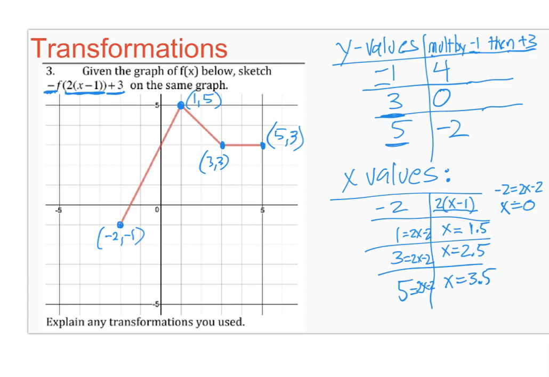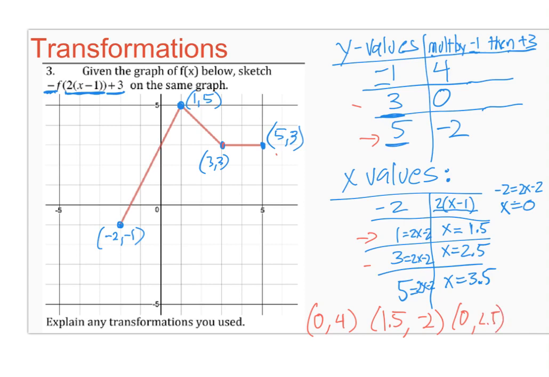All right. Looking at these, I'm now going to combine them. So negative 2 for the x went with negative 1 for the y. That point is now 0, 4. 1, 5, there's my y value, there's my x value, is 1.5, comma negative 2. 3, 3 is going to be 0, comma 2.5.